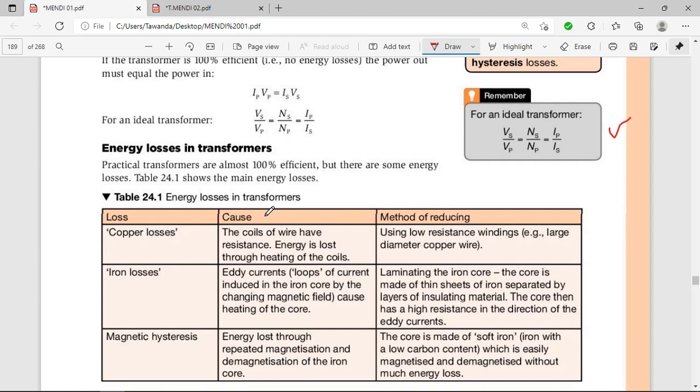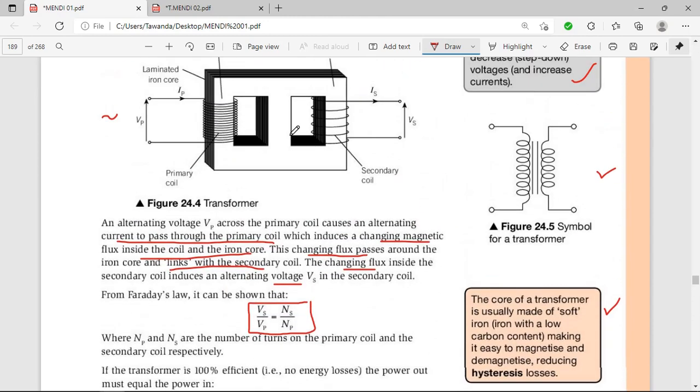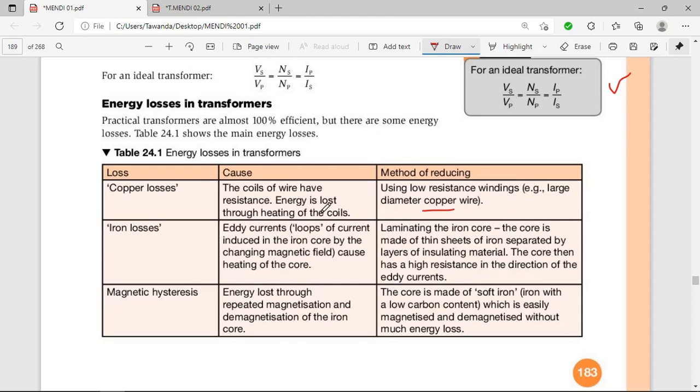So copper losses: the wires are made up of copper. The coils of the wire have resistance. Energy is lost through heating of the coils. So the method of reducing it is to use low resistance wire, e.g. large diameter copper wire.